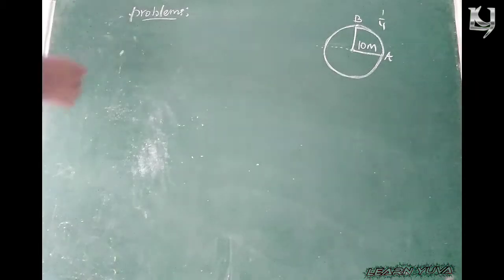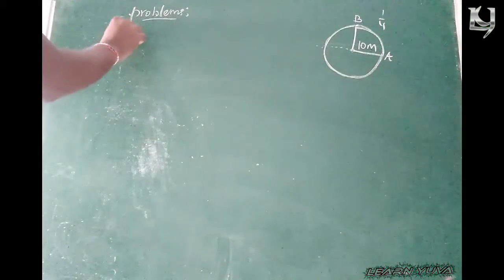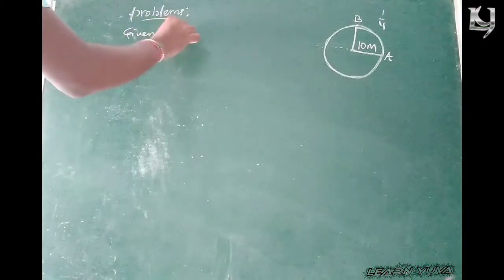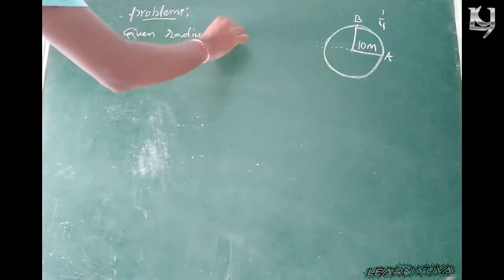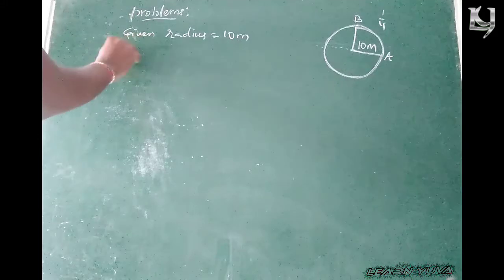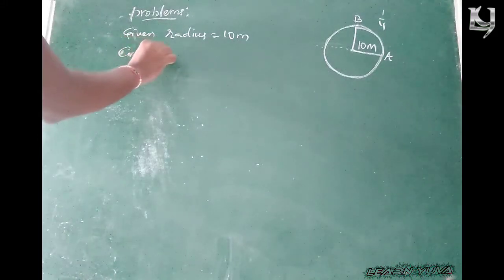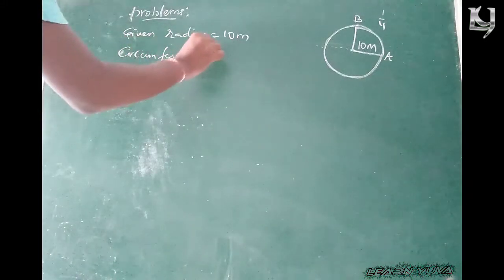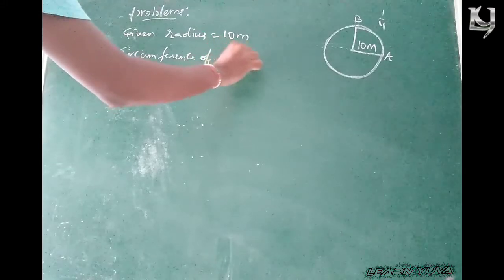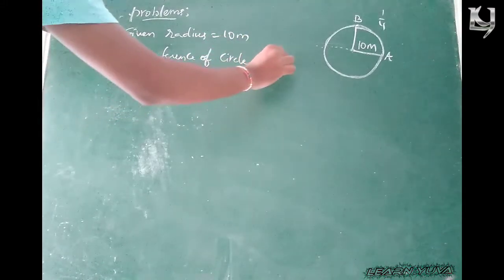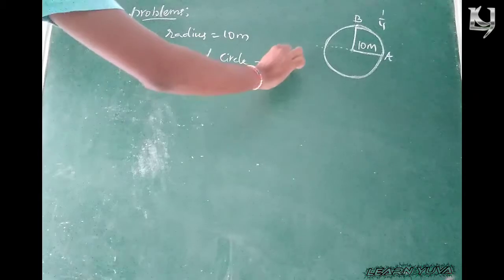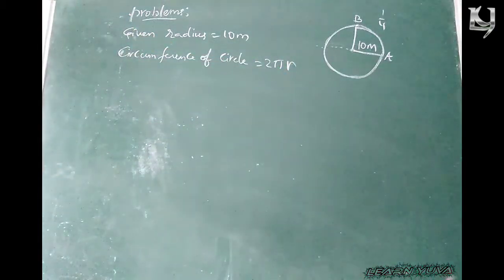Circumference of a circle formula, given radius is equal to 10 meters, circumference of a circle is equal to 2 pi r.